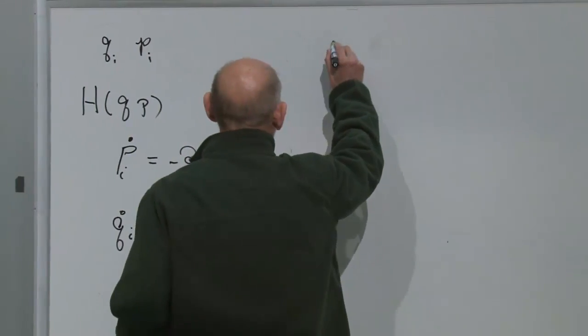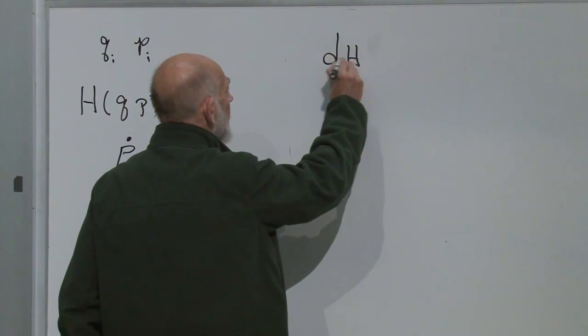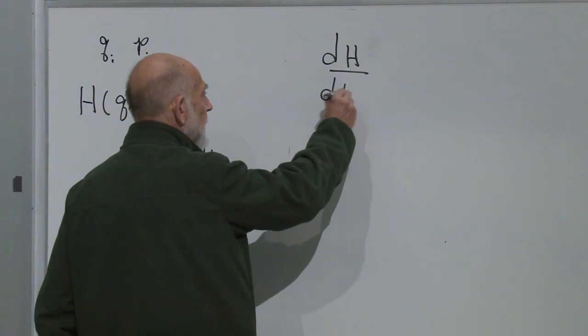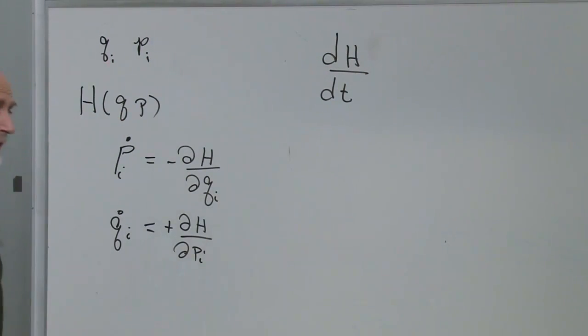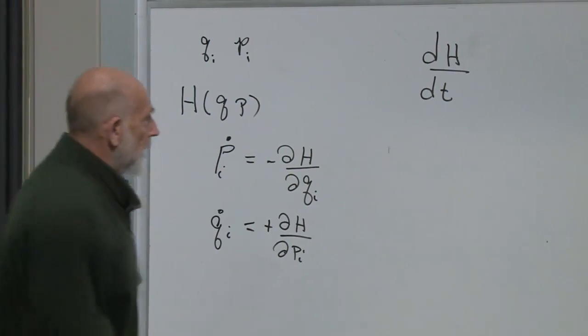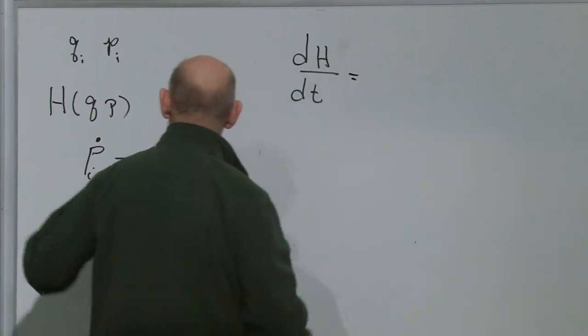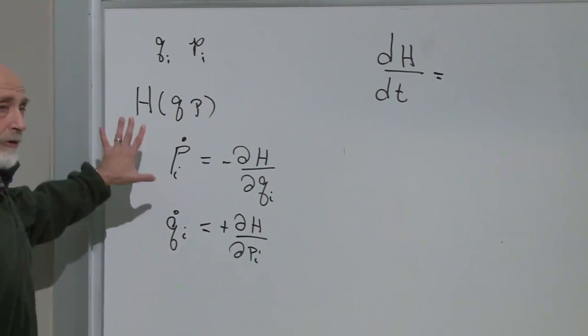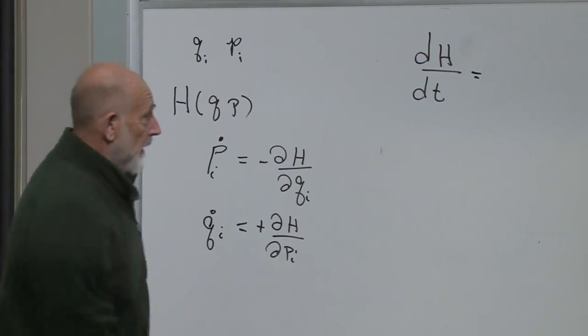All right, let's write down now the time derivative of the energy, which means the time derivative of the Hamiltonian, and see if we can calculate it. That's just dH by dt. This is the total derivative, the complete derivative of H with respect to t. And H can vary because either P varies with time, or Q varies with time, or both vary with time.